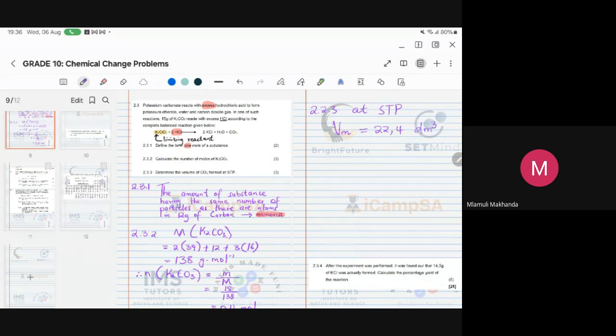Right, that's the first thing you have to understand. I think we covered this as well in one of our previous lessons. Now, to determine the volume of CO2, remember, if you are talking excess and limiting reactant, you always use the number of moles of the limiting reactant to find the number of moles of whatever product of interest. In this case, carbon dioxide.